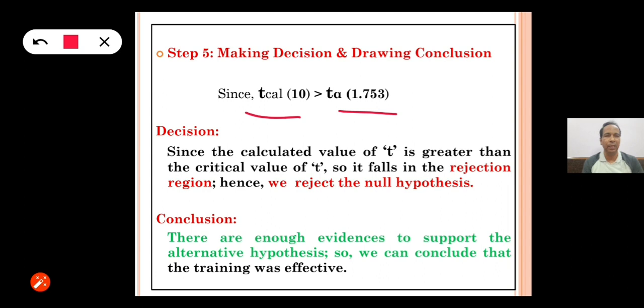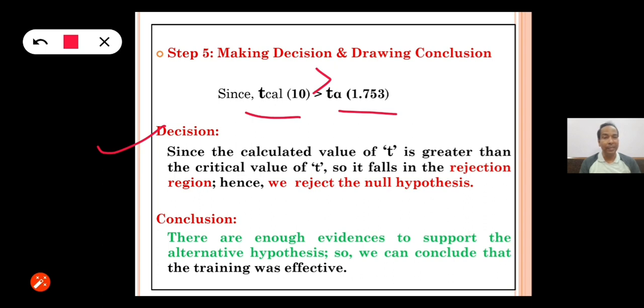When we compare, we find that t calculated is greater than t critical. So the decision will be written as: since the calculated value of t is greater than the critical value of t, it falls in the rejection region. Hence, we reject the null hypothesis.